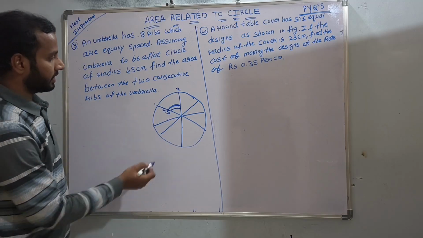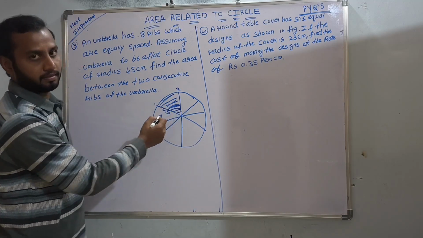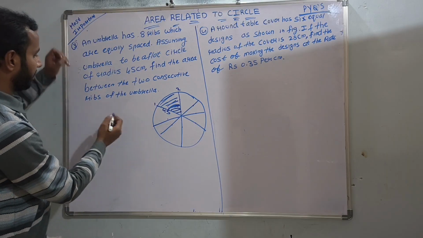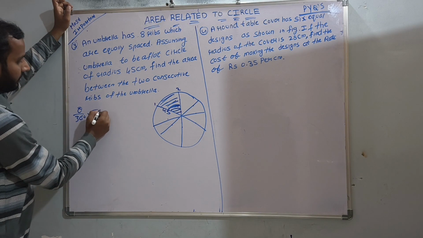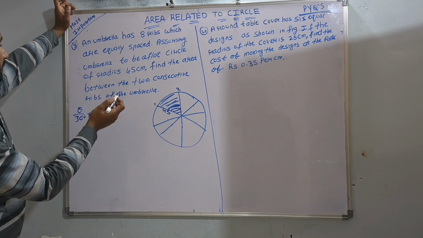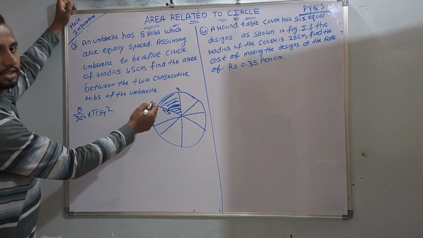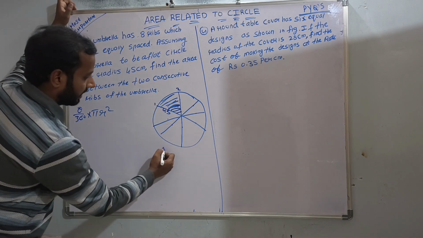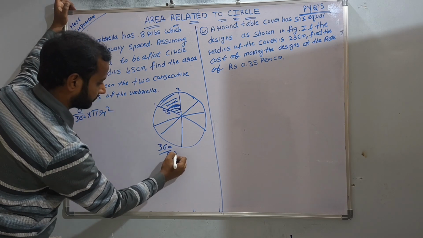The area between these two ribs we will call a minor sector. To find the area of the minor sector, we have the formula theta by 360 into pi r square. What is theta? If the circle is divided into 8 parts, then the angle is found by 360 by 8.